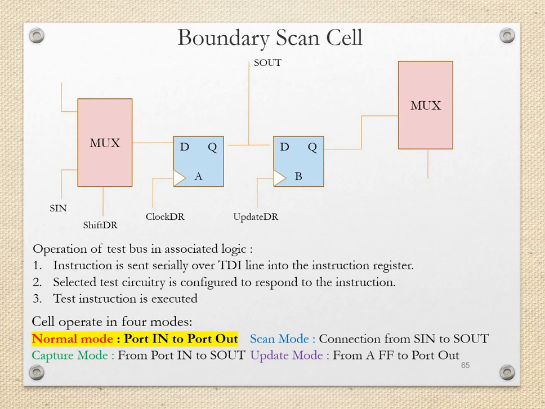Now we'll see the detail of the first mode of operation of this boundary scan cell, that is normal mode. In this normal mode, the data runs from port in to port out. This normal mode operation is shown with yellow color. So data is available as IN over here.